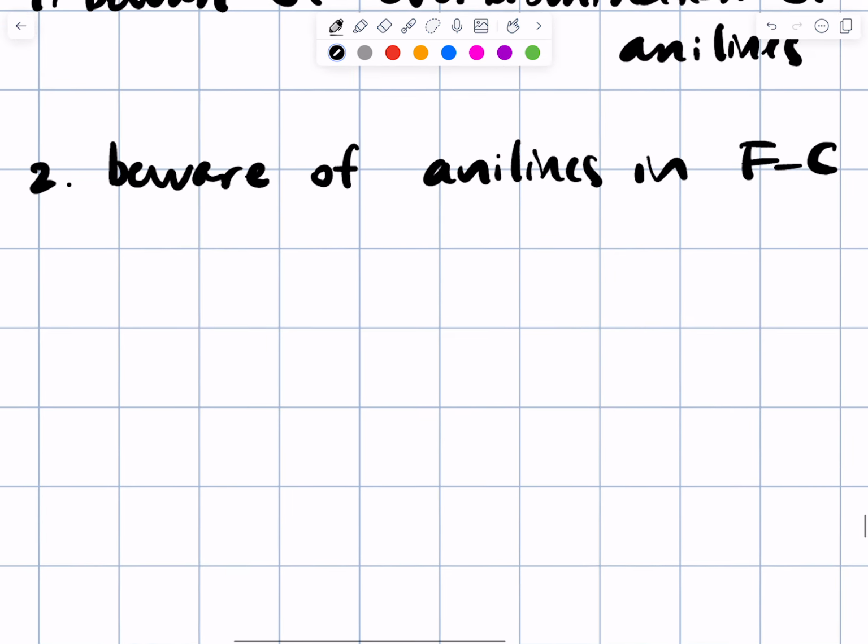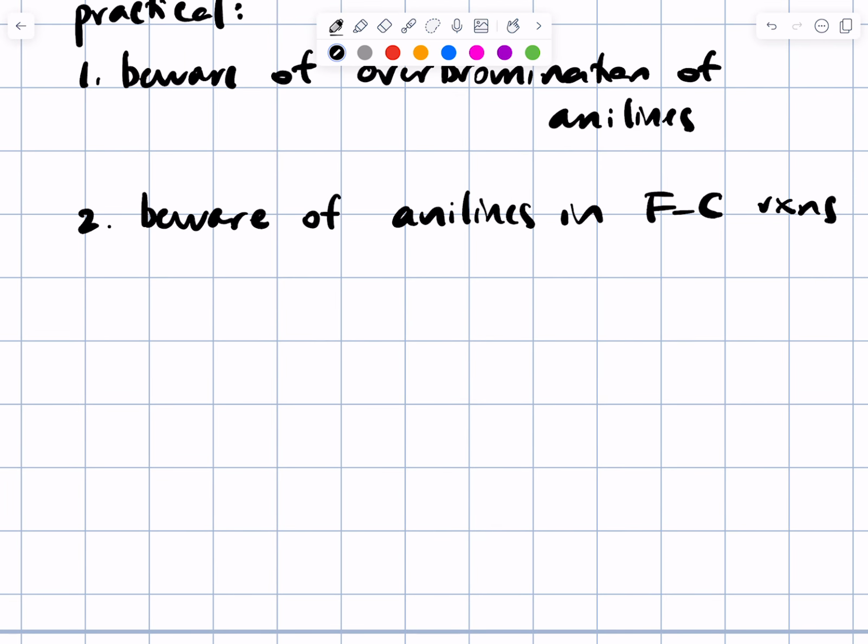And the reason for this is that the Friedel-Crafts reaction depends on the presence of the aluminum catalyst to turn the chloro into a good leaving group.